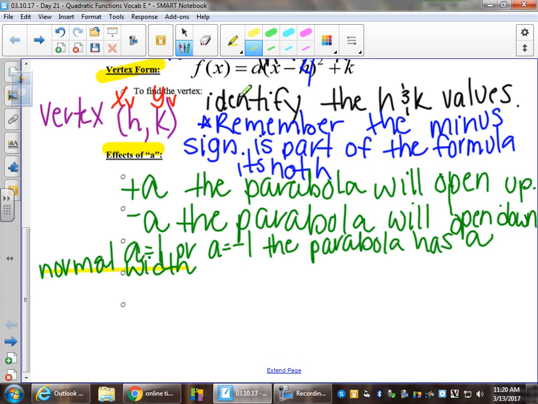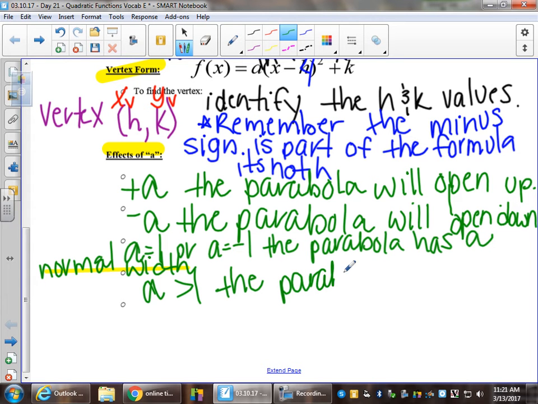That means that the parabola is not going to open any wider or narrower than it normally would. If a is greater than 1, the parabola will be more narrow.